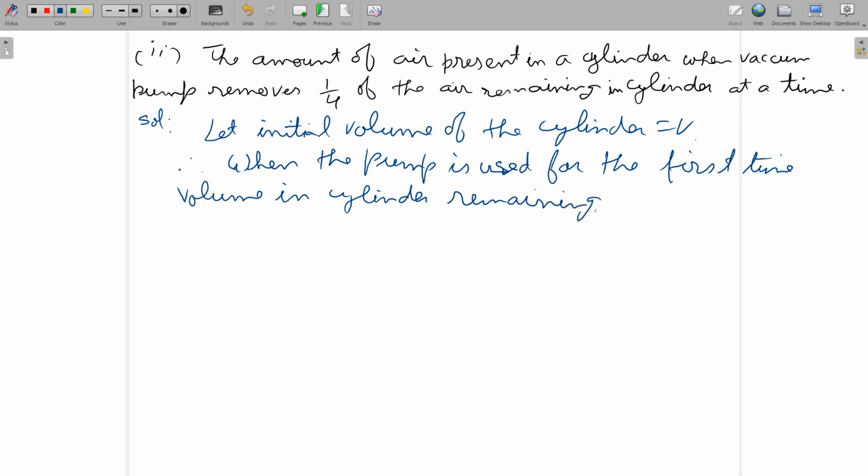When we use the pump, 1 by 4th will go away. So what will remain is 3 by 4th, equal to 3 by 4 of V.